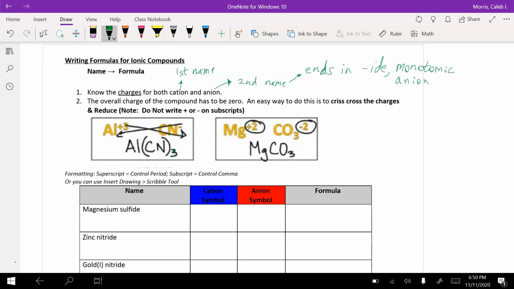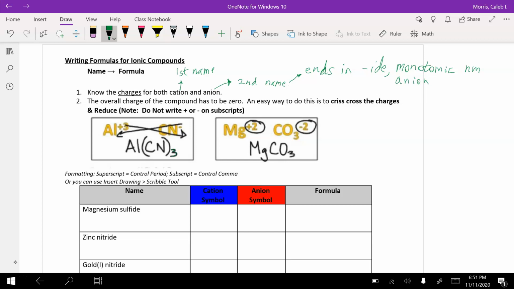It's a monatomic, and you could say it's a nonmetal. So you just know where to find it on the periodic table. It's going to be in that nonmetal section, and it's just an atom that the ending has been changed to "ide."